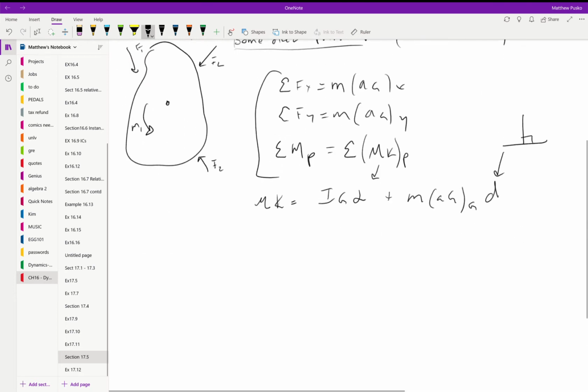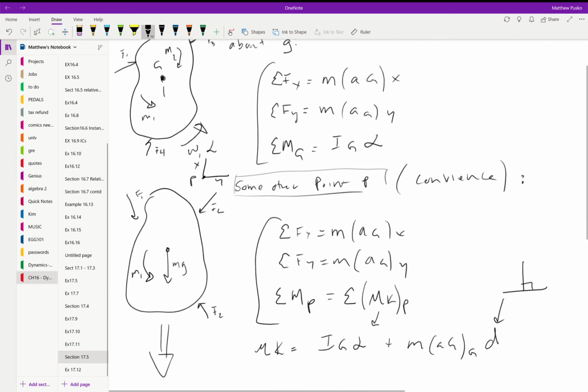In that case, it's often convenient to turn this into a kinetic diagram. We would also have the weight going down.